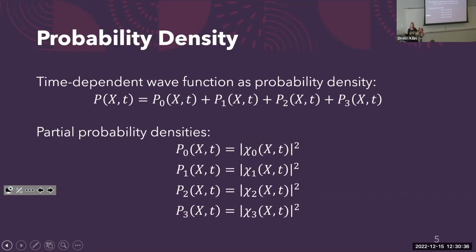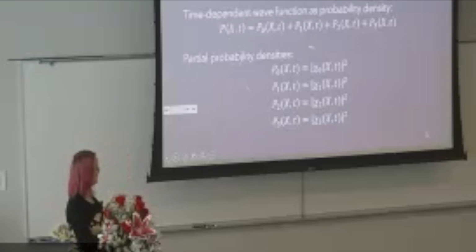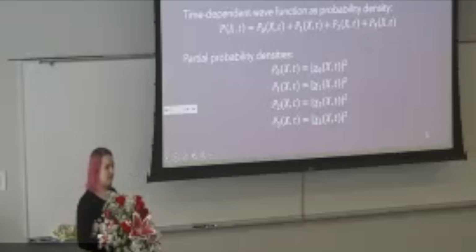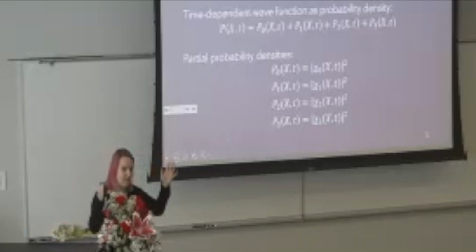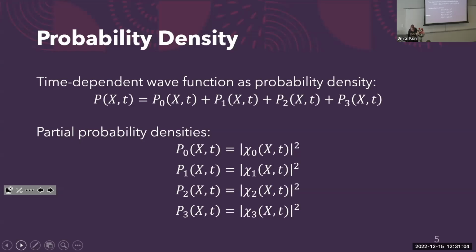Moving on to the other important equations, we use the time-independent wave function for the probability density, which is the summation of all of the probability densities for the individual states. And this is the probability densities broken down into their individual equations.